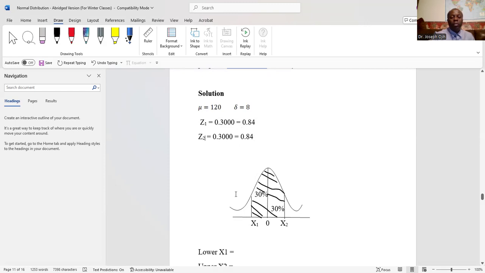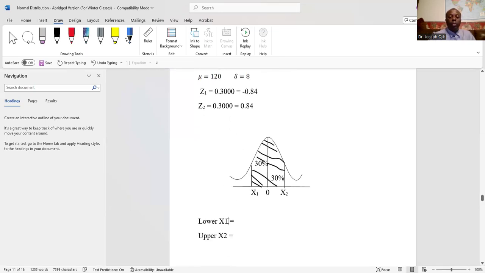But remember, Z1 is on the left side, so it's negative 0.84, and Z2 is on the right side, so it's positive 0.84. Now with that, we can calculate the lower and upper readings.